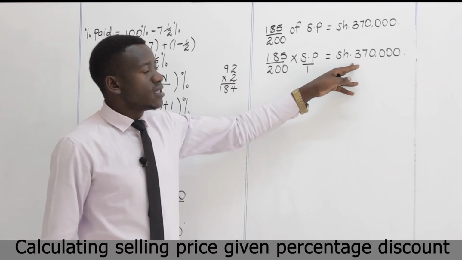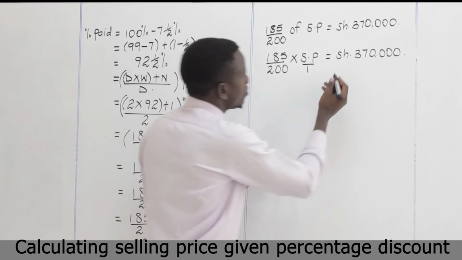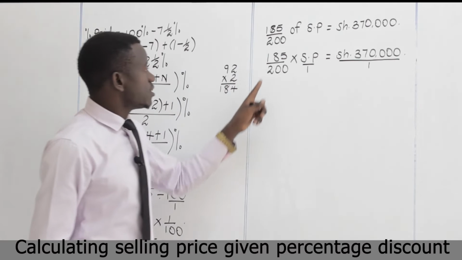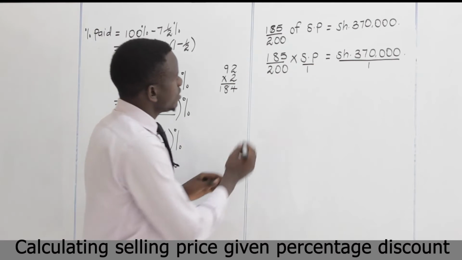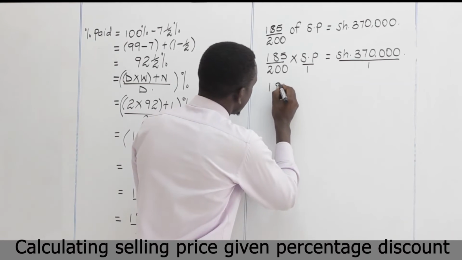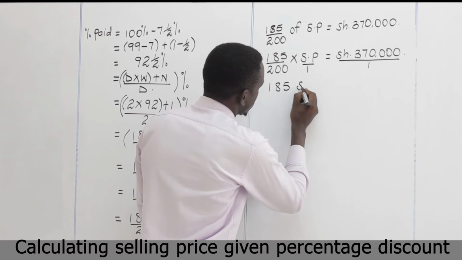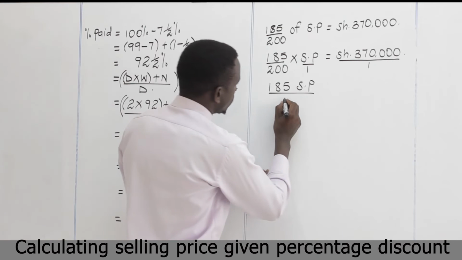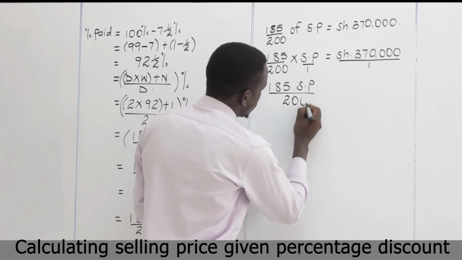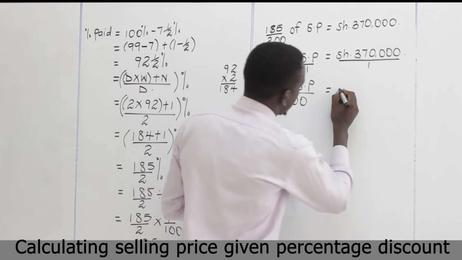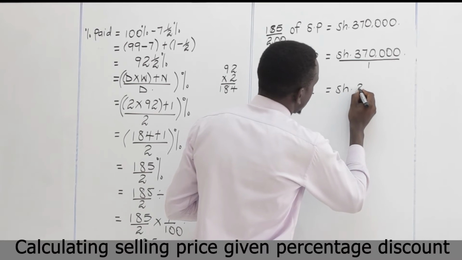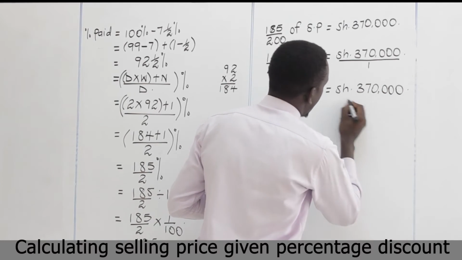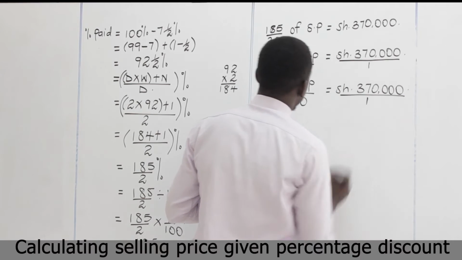Then also this side on our right hand side is still a whole number which is under denominator 1. Then our next step is to multiply the numerators alone, which we shall have 185 selling price we are looking for out of 200 times 1, which is 200. And the answer will be 370,000 out of denominator 1.